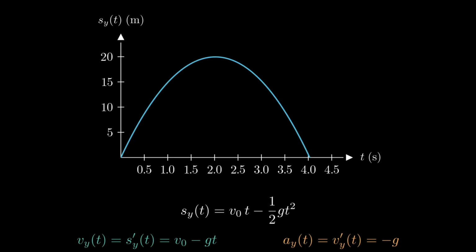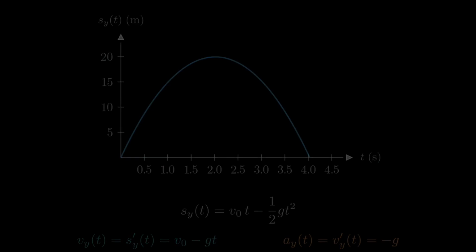Now differentiating this one more time gives us the acceleration as minus g. Hence, just from the position graph, we have obtained both velocity and acceleration purely through the lens of calculus. The curve thus becomes a gold mine of physical meaning, with derivatives helping us read the motion from the shape.